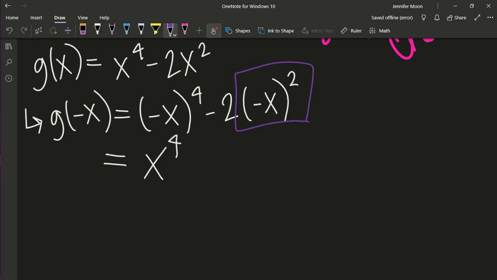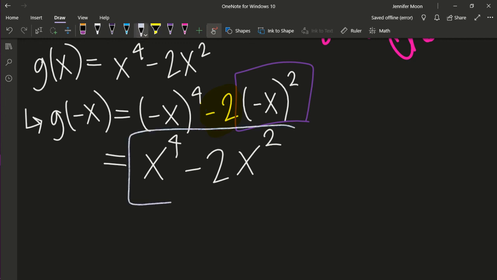And then right here is where I would look and see that it's being multiplied by -2. So this is the same thing. It's still being multiplied by -2.